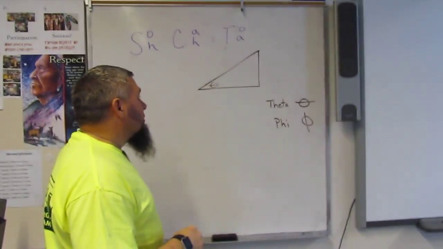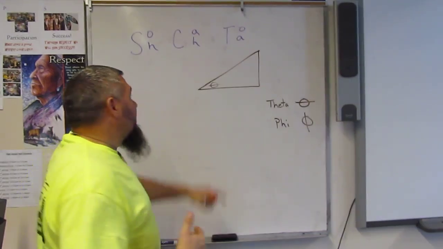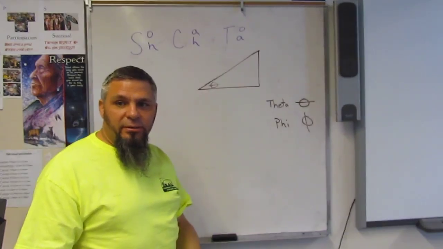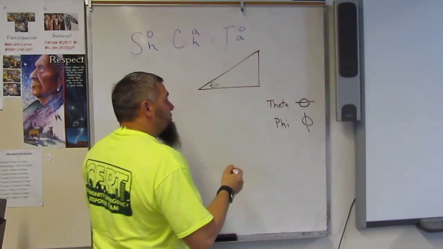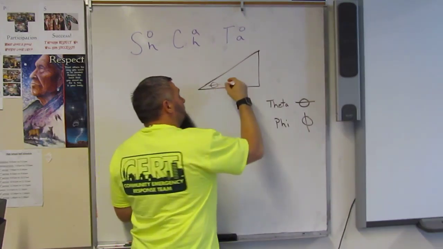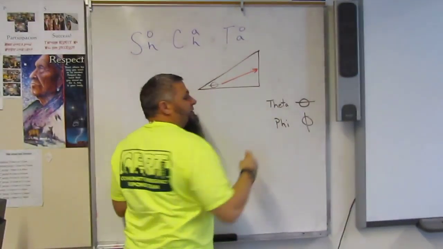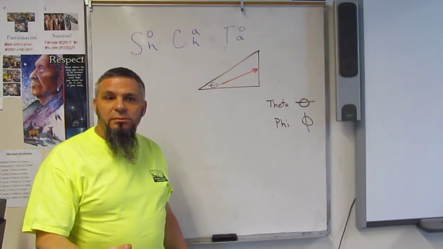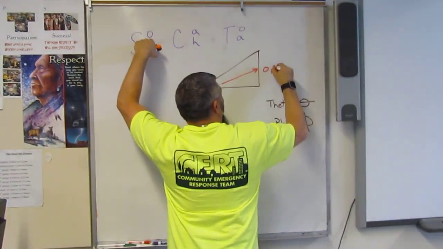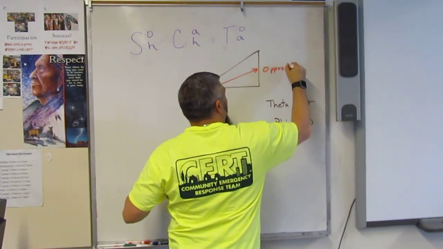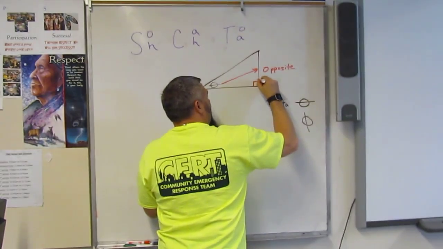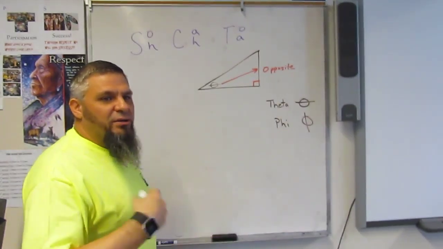Now, we need to know what A, O and H stand for. Okay? So, if I'm taking a reference from theta, then the opposite side from theta is what we call opposite, or O. This is obviously a right angle, because this is right triangle trig.